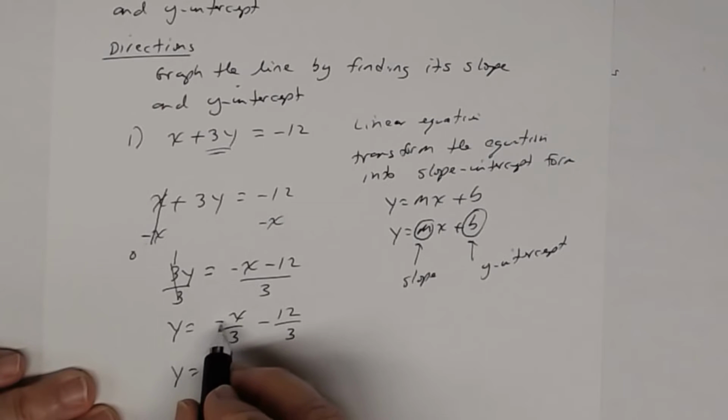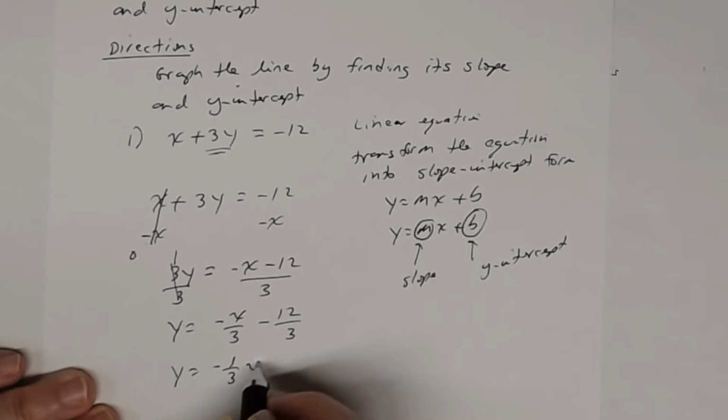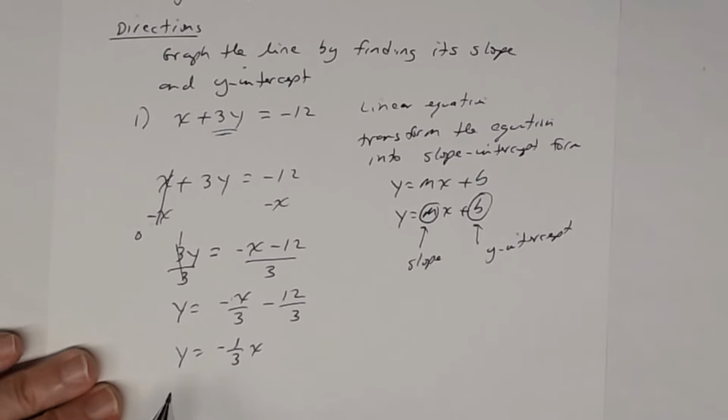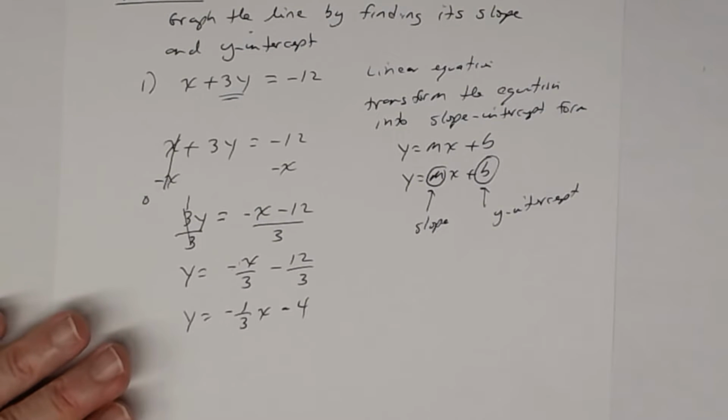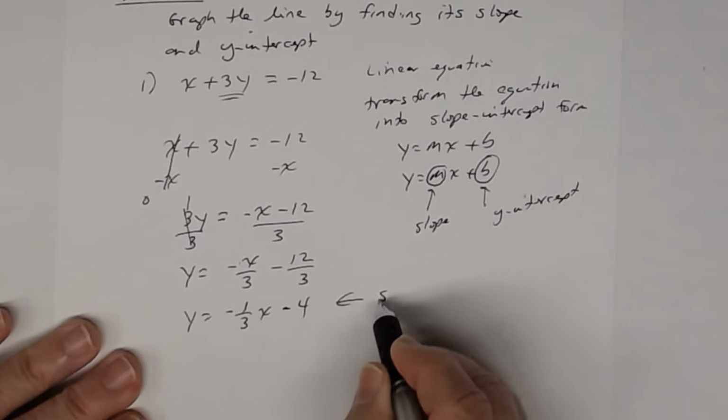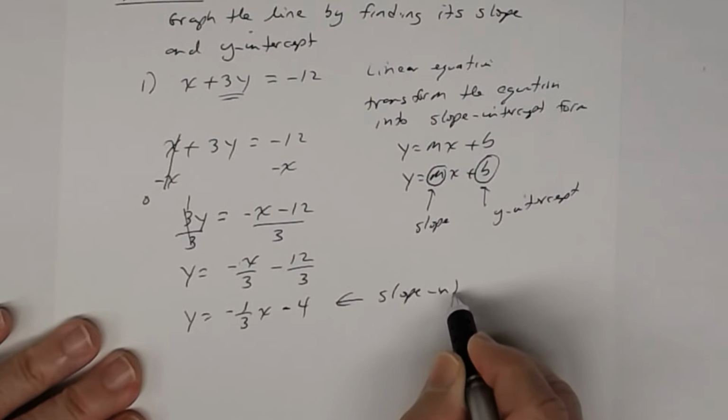So negative x divided by 3 is a negative 1/3 x. They mean the same thing. That's important to see. And then negative 12 divided by 3 here is a negative 4. All right, and so now you have this in slope-intercept form.